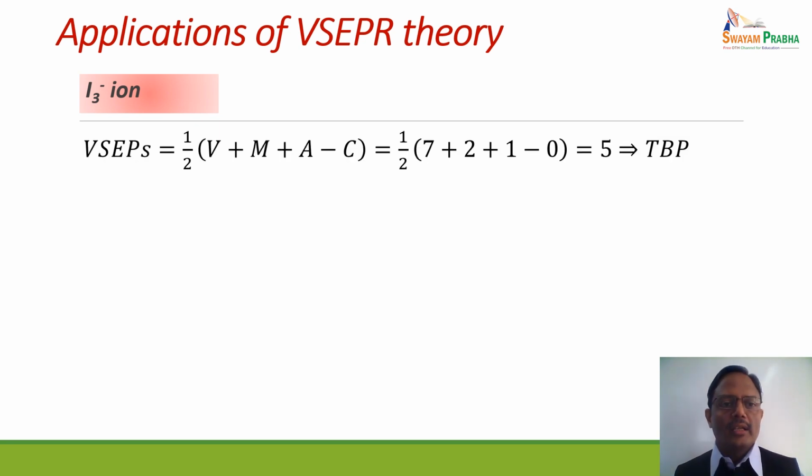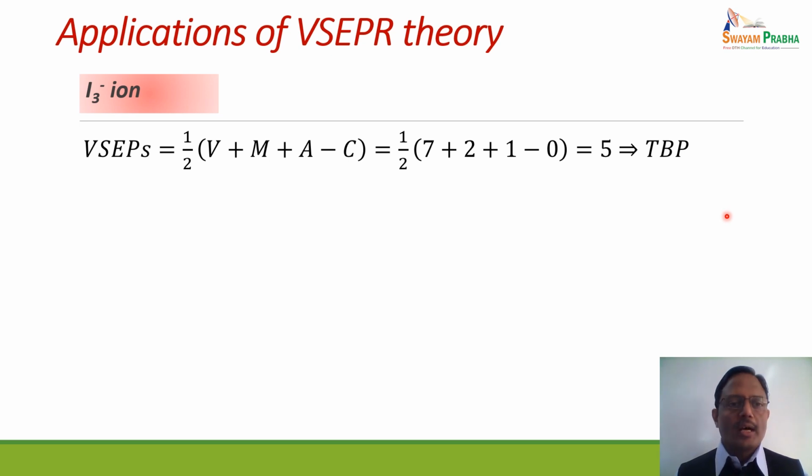So this I3 negative ion has one iodine at the center, while 2 iodines are bonded to it. So the central atom is iodine, which has 7 electrons in the valence shell, and 2 monovalent iodines bonded with it. So 7 plus 2, plus there is an anionic charge, so 1 electron from the charge, indicating that there are 5 valence shell electron pairs, showing the geometry should be trigonal bipyramidal.